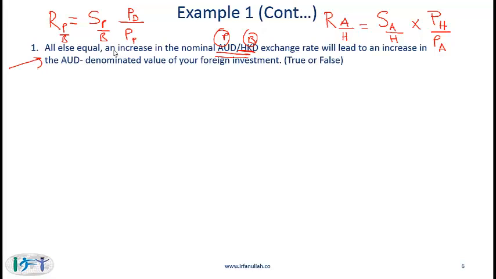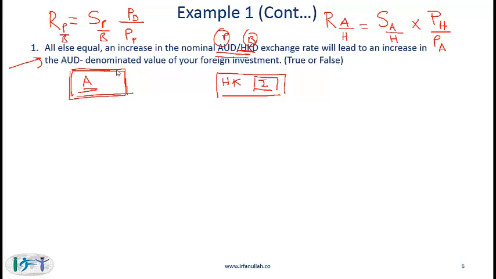Coming back to the first question, all else equal, an increase in the nominal exchange rate will lead to an increase in the Australian dollar denominated value of your foreign investment. Let us make sure we understand the context here. The client is based in Australia, and therefore the client thinks in terms of Australian dollars.